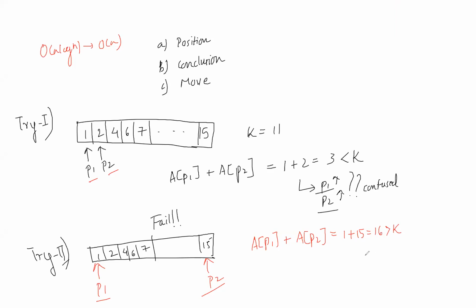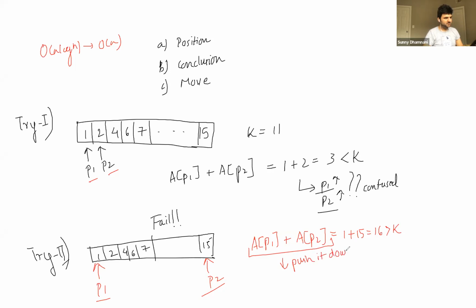It's greater than k. What that means is I need to bring the sum down. So can I make a conclusion here whether to move P1 or P2 and in which direction?